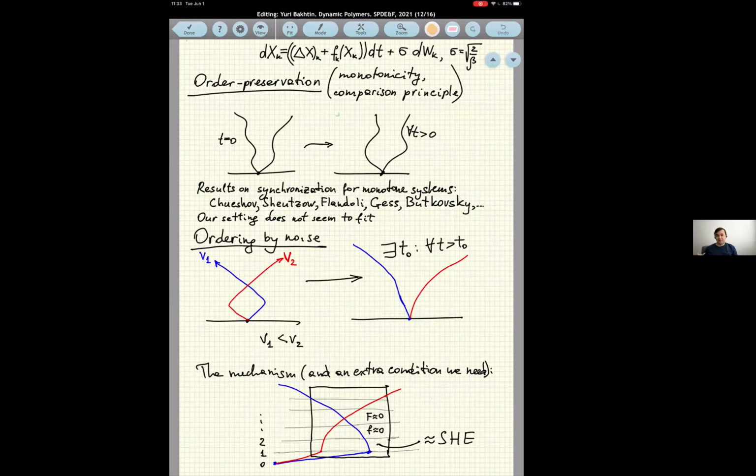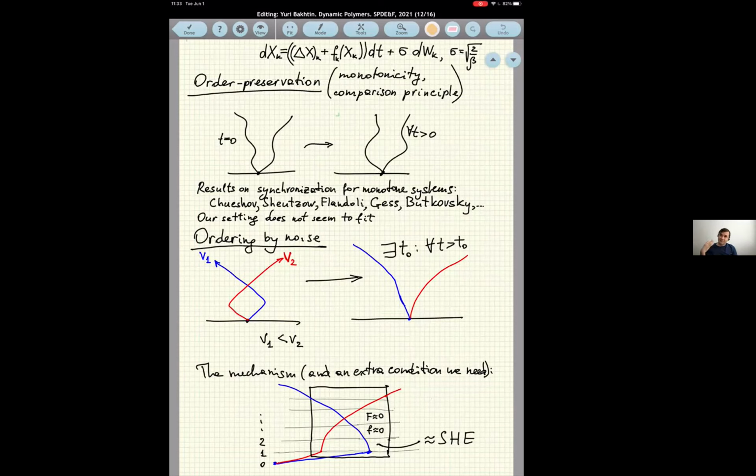It turns out that this random dynamical system preserves order. So if you start at time zero with two paths, and one is completely on the right of the other, then they will stay like that for all times. So that's order preservation.